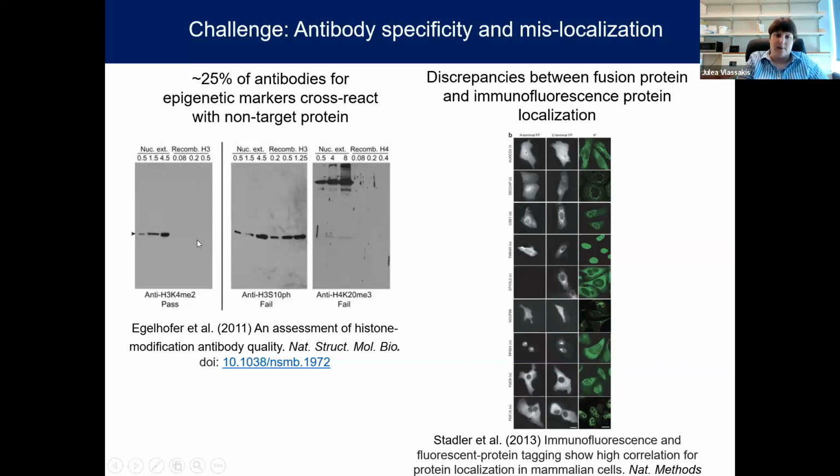So here are some representative protein blots showing ways that these types of antibodies can fail, and the corresponding reference. There's also great work from Emma Lundberg's group showing discrepancies between, and sorry, this is very tiny, but these are N-terminal fusion proteins, C-terminal fusion proteins, and immunofluorescence for a variety of different proteins.